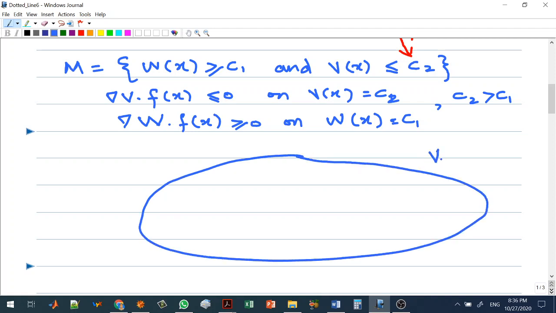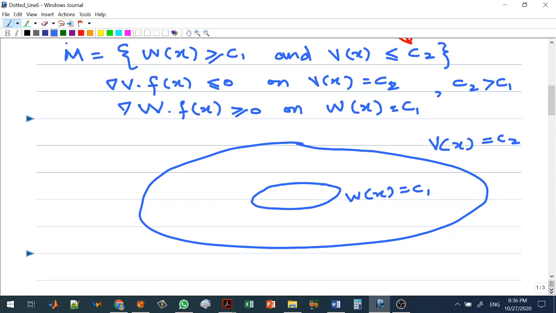This is V of x is equal to C2. This is another region, W of x is equal to C1. And we are saying that the trajectories are either parallel to or moving inward from the boundary of this V1.